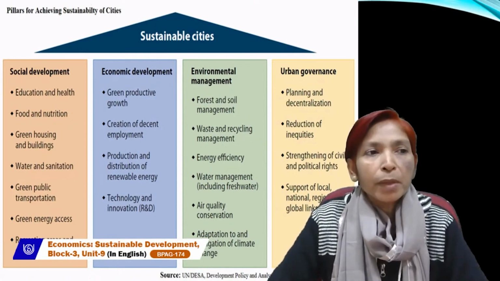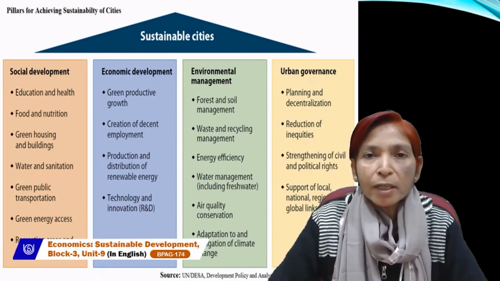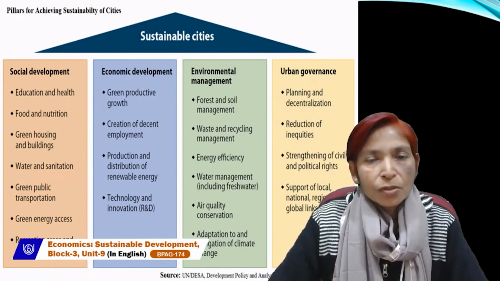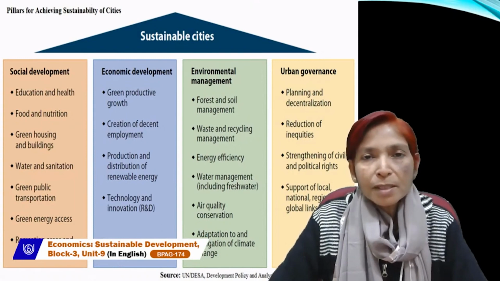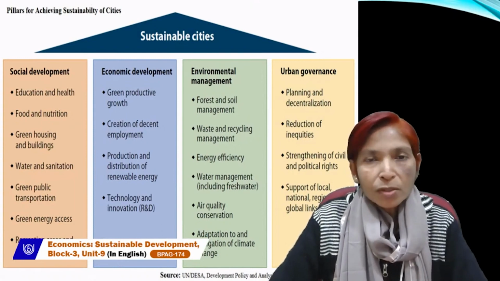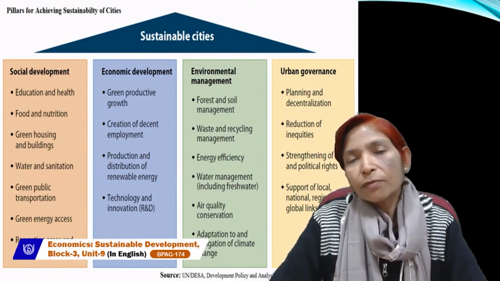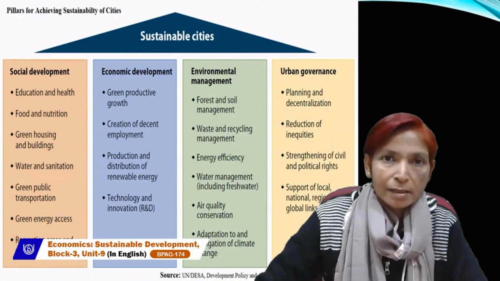So these are the pillars for the achievement of sustainable cities. If we want to achieve sustainable cities, we should focus on four pillars: social development, economic development, environmental management, and urban governance.